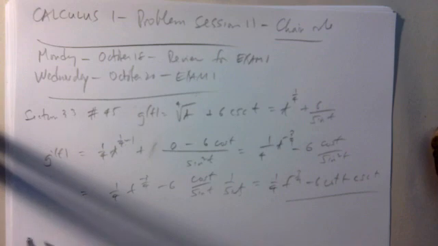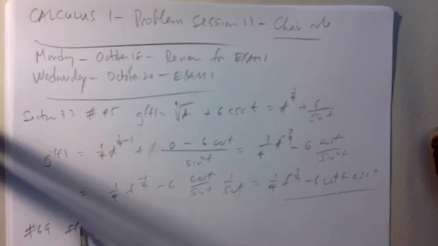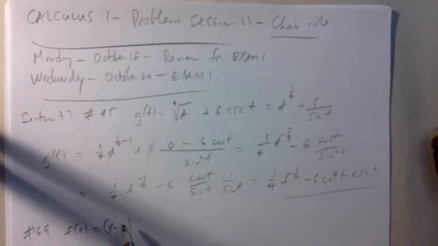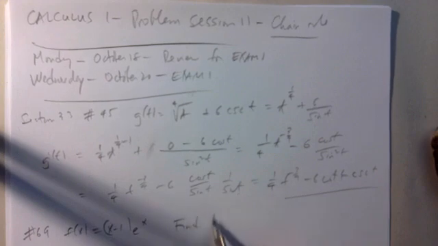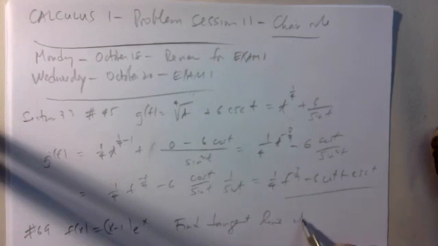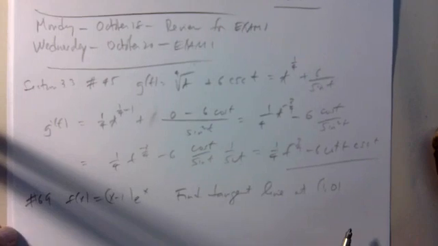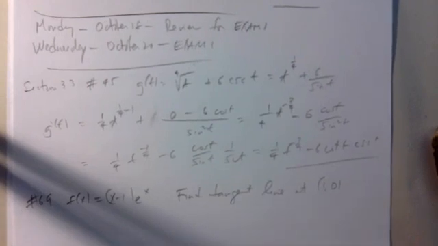And then we do number 69. In number 69, we have the function f of x equals x minus 1 times e to the x. And we want to find the tangent line to the curve going through the point 1, 0. When you let x equal 1, f of 1 is 0. So the tangent line has a slope, which is the derivative.